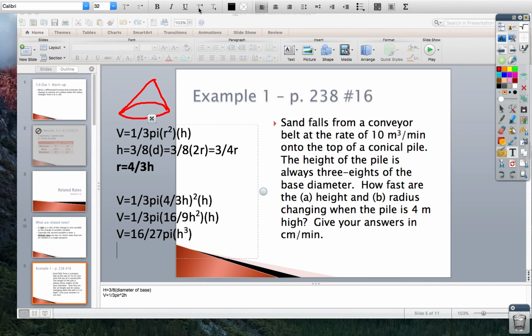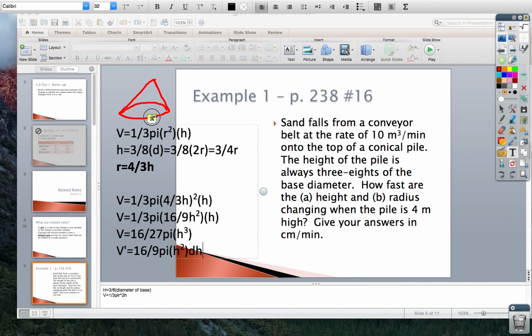Finally, we want to find this rate of change, so we're going to have to find the derivative here. So V prime is equal to 16/9 pi h squared. Oh, we forgot to put the dh.